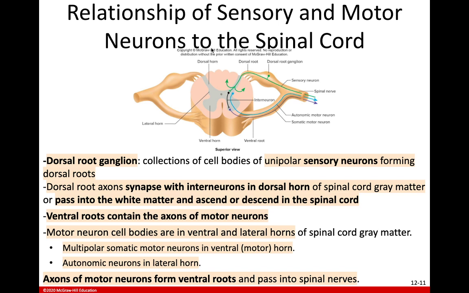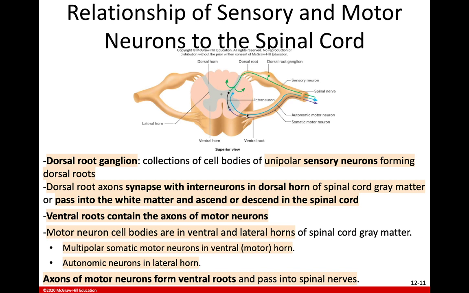So they can either go up in the spinal cord or go down in the spinal cord. So that's three different things that these unipolar sensory neurons can do. They can synapse with interneurons in the spinal cord. They can ascend or descend up or down the spinal cord.